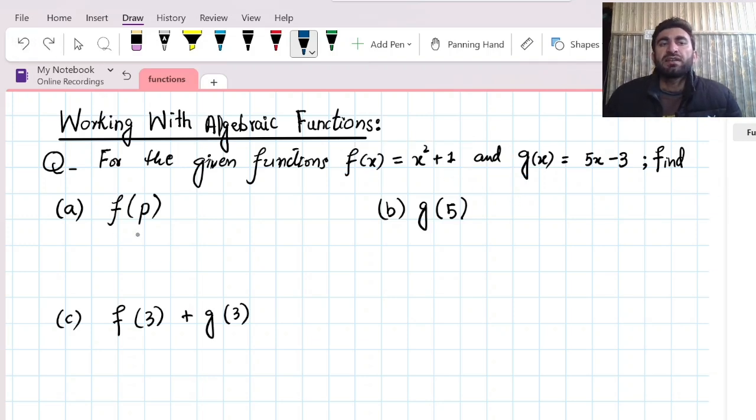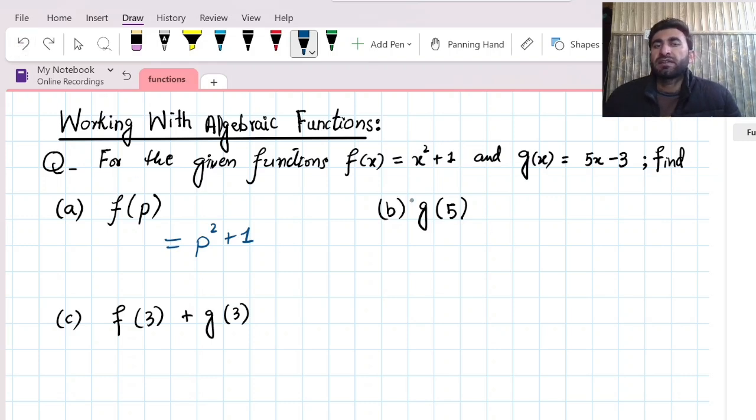In the first one, it says find f of p. So we are to replace the variable x of the function f with p. We know f of x was x square plus 1. So when we replace x with p, it will become p square plus 1.